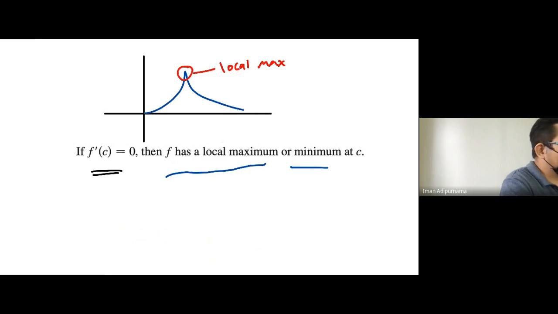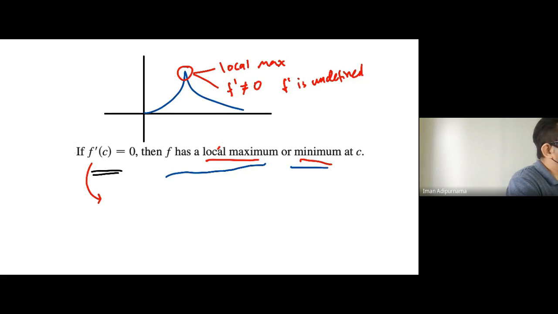But at this point, is f prime 0? No, we say that f prime is undefined. So for a function to have a local max or minimum, it doesn't need to have f prime equal to 0. But if f prime equals 0, for sure it must be a critical point.